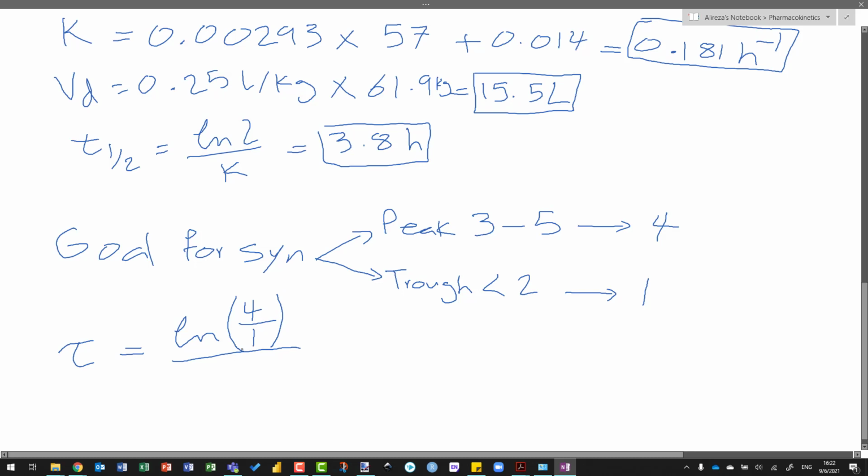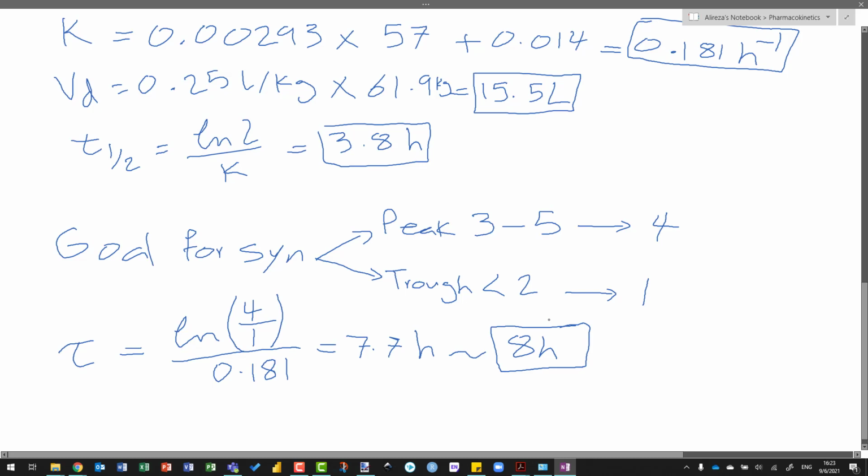And in the denominator you basically put K, which is 0.181 in this case, and this will give you 7.7 hours. Okay, now with the tau you do want to round it to numbers that clinically make sense. So in this case it's every 8 hours.